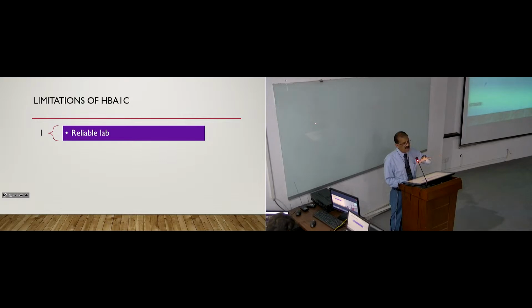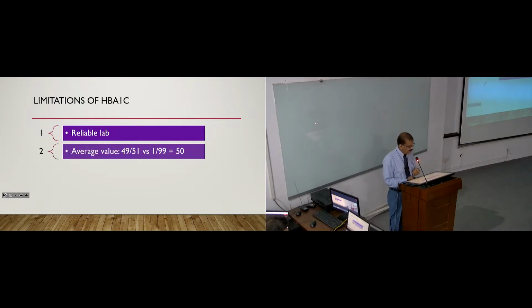If there are 4 different methods, of course, they have different levels of accuracy and reliability, and they also have different price tags. A good laboratory will probably use the best method, give you the best value, and probably charge more. Those laboratories which want to offer a lesser price will probably use less good methods. So a reliable lab is important, and it only gives you average values.